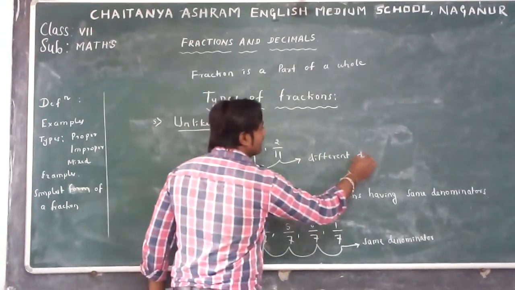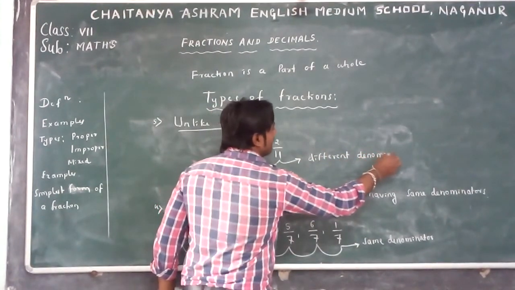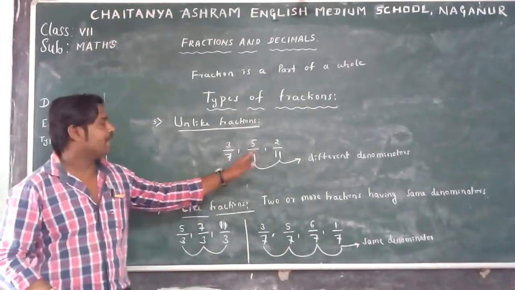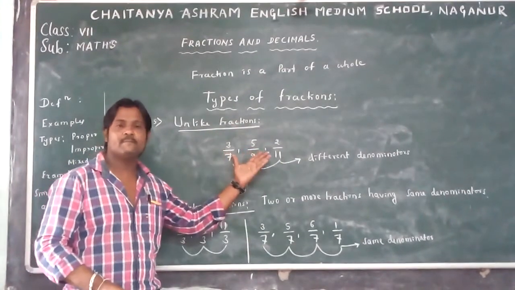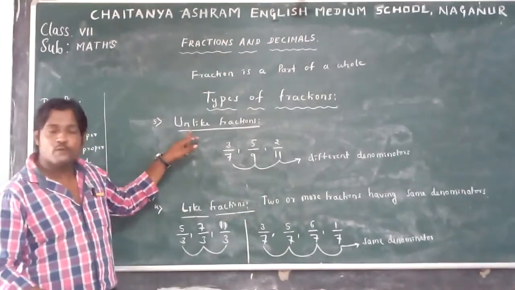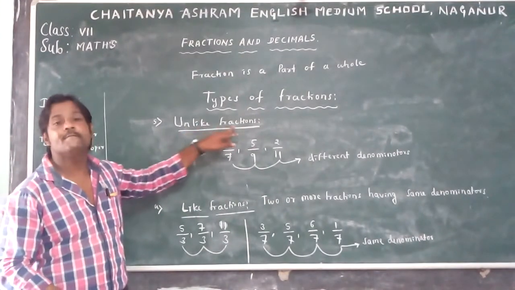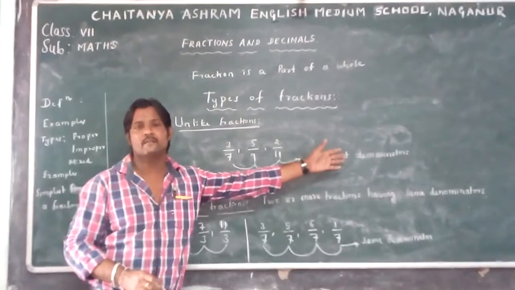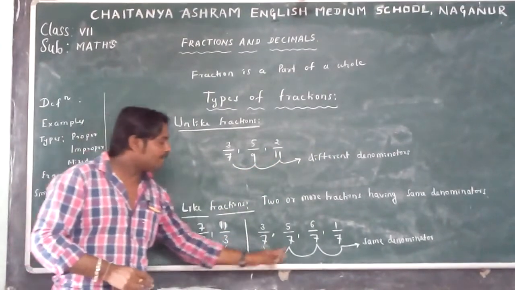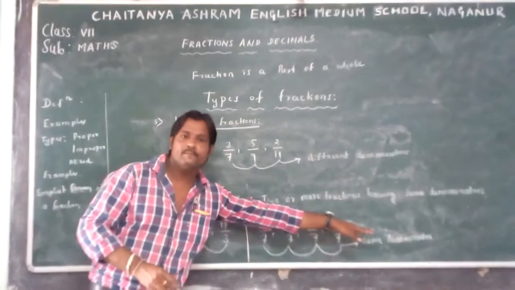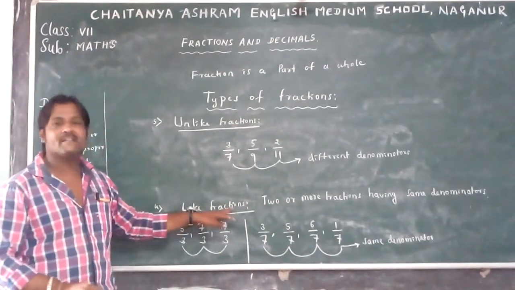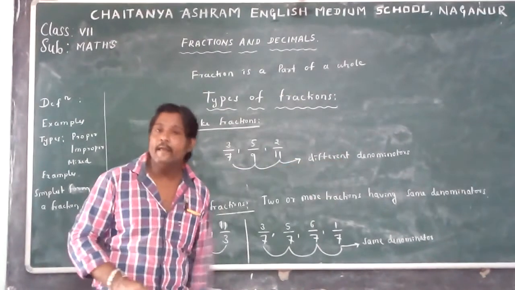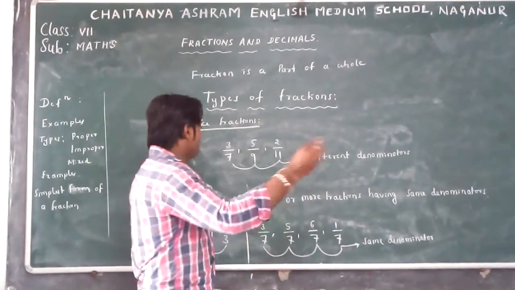So the group of these fractions goes to the category unlike fractions because they have different denominators. And see here, when the fractions have same denominator, they are called like fractions. When they have different denominators, they are called unlike fractions.